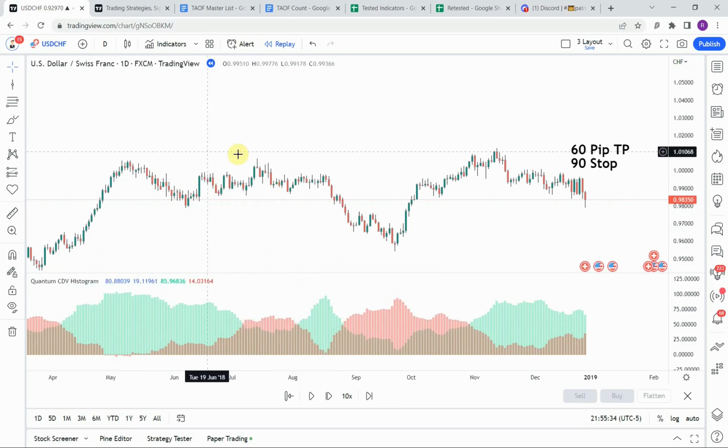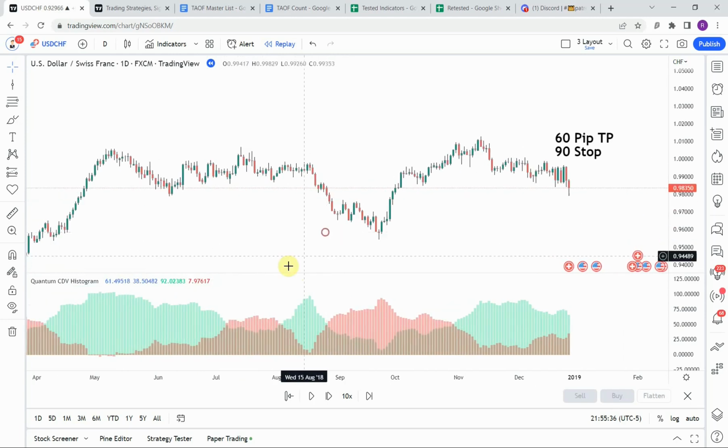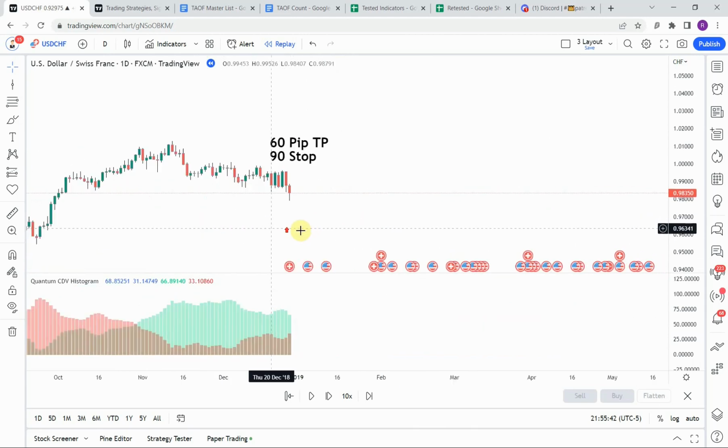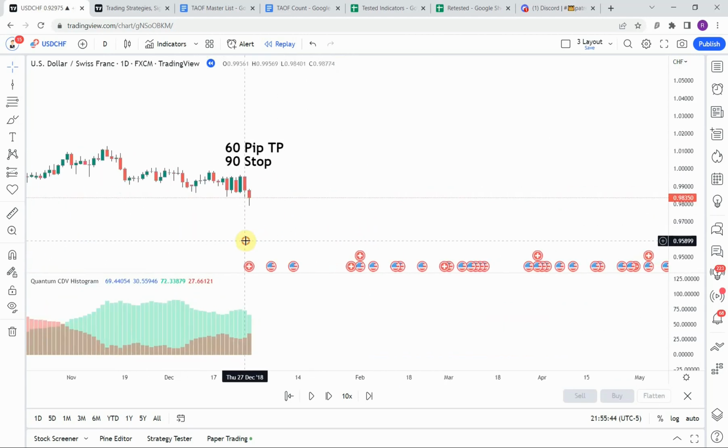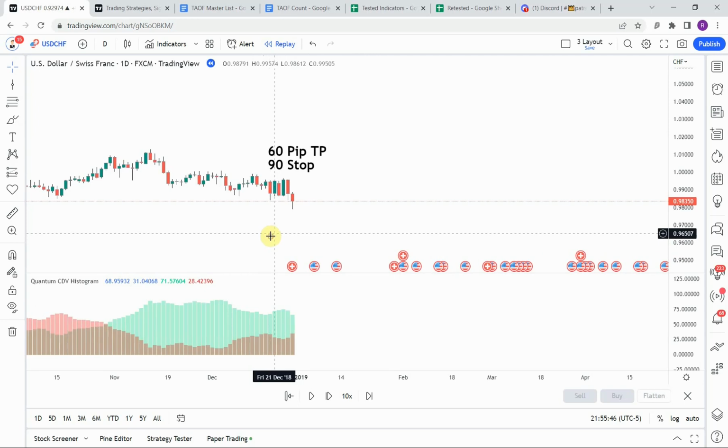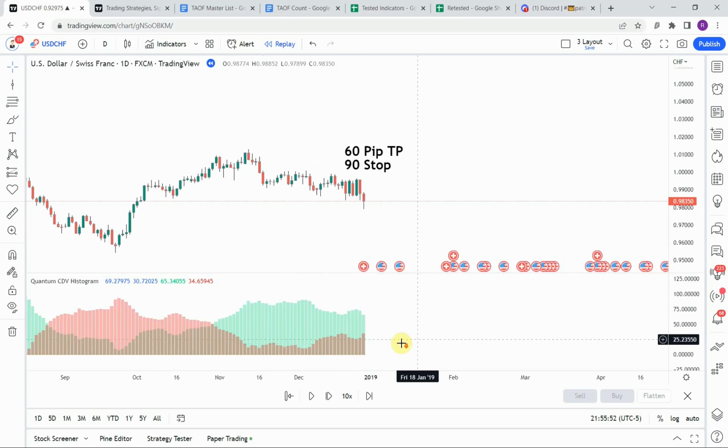So when they switch to red, that's going to be a short signal. When they switch to green, that's going to be a long signal. And so that's how we're going to test it this way in this video first, and then, like I said, depending on how it does, we will take a look at how we can test it another way.